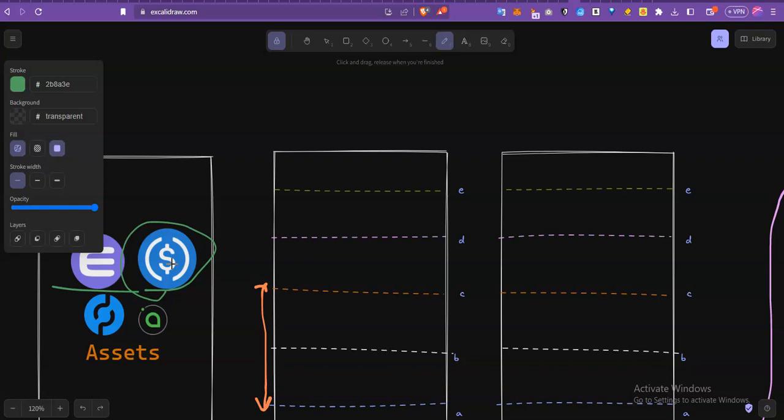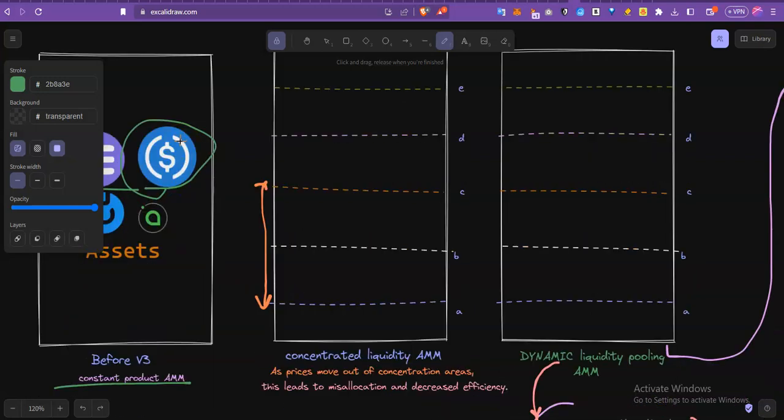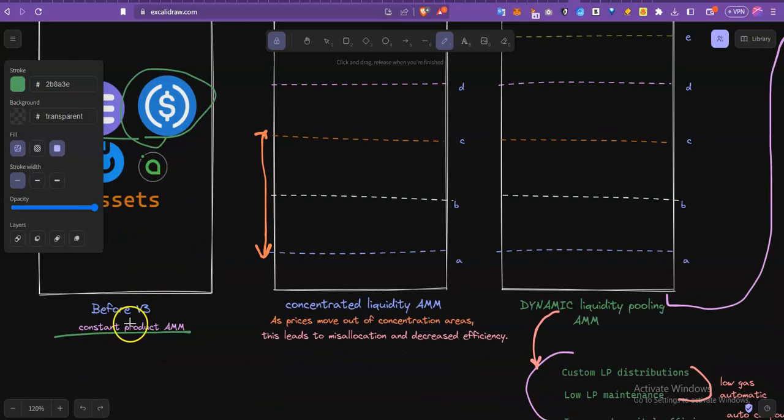I think those are the 4 pairs. So they can pair them against any of these 4 pairs, and then you can be trading. So it was a constant product token. You just have to define, okay, I have X amount of USDC and I have Y amount of, let's say, engine token. You put them together and you go to sleep.